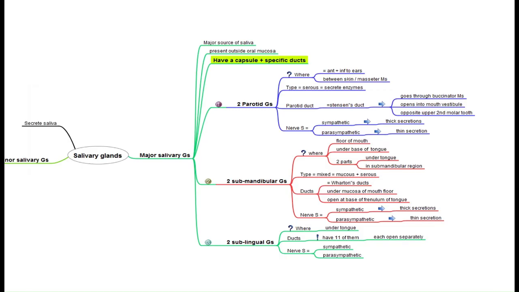After collecting data from the so many slides we have seen, what do doctors do? They stop, they integrate and think about the basics of the collected data, and here is a mind map of the basics of salivary glands.